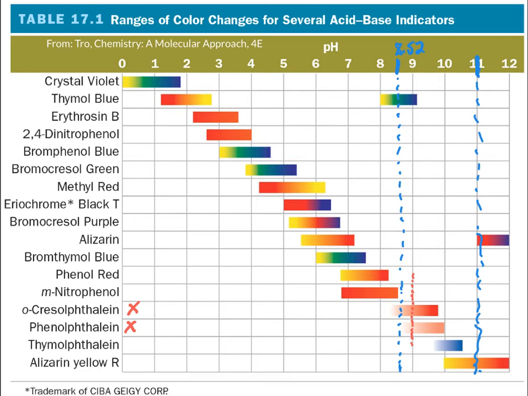They might change a little too soon to catch the highest concentrations, sort of leaving us with maybe thymolphthalein that would catch any titration that's finishing between 8.5 and 9 and suddenly jumping to 11, but certainly will be done in that sudden jump to 11. And so maybe thymolphthalein would be the best indicator to use for our titration.